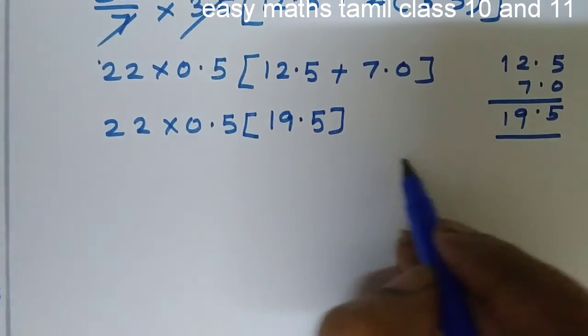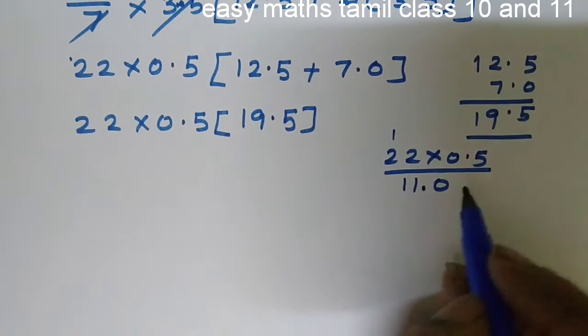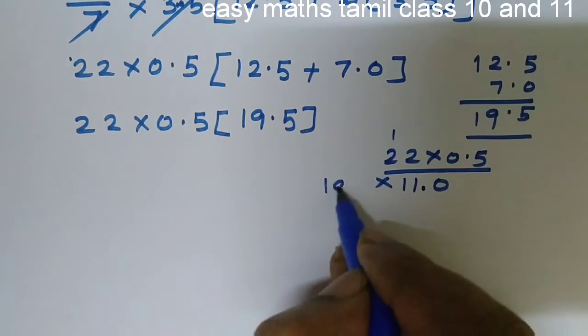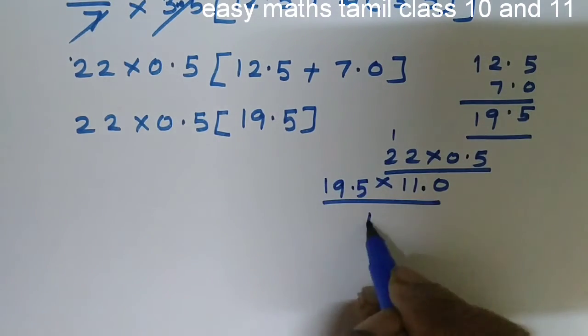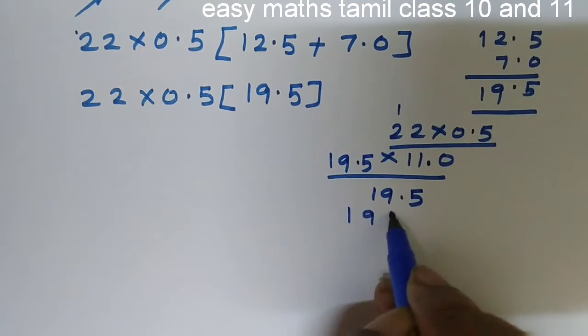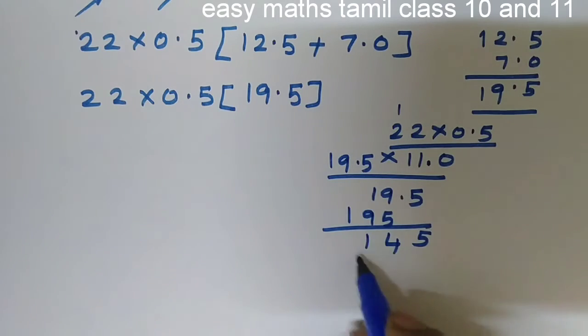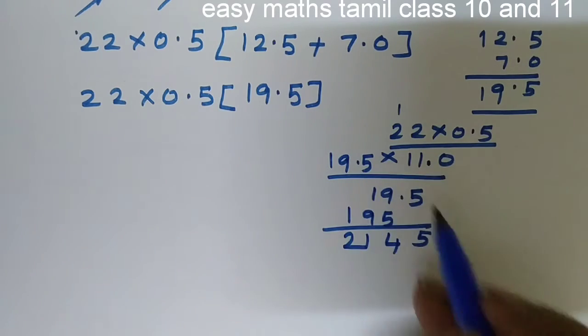22 into 0.5 into 19.5 is 214.5 centimeter square. So the total surface area of the toy is 214.5 centimeter square.